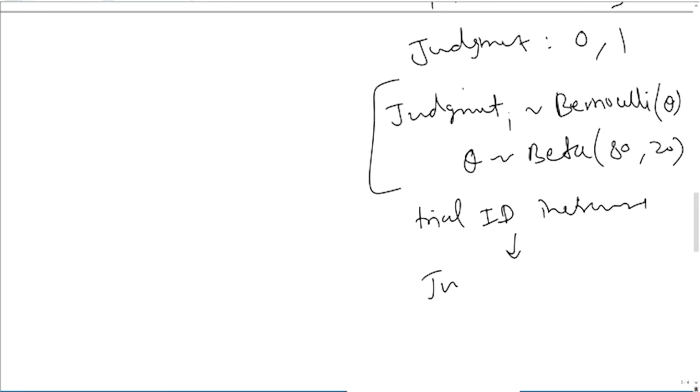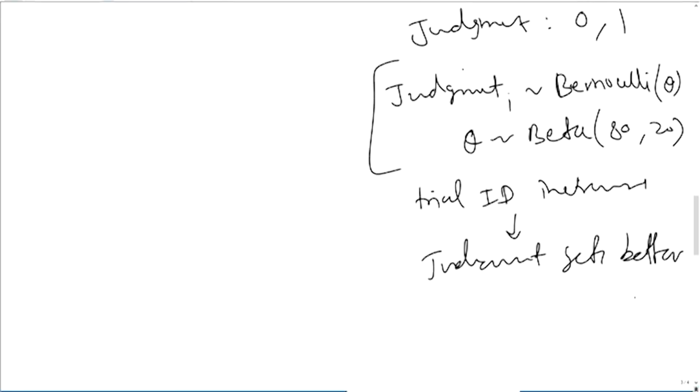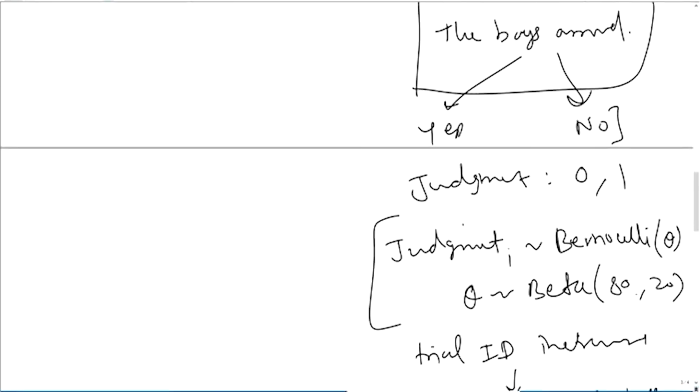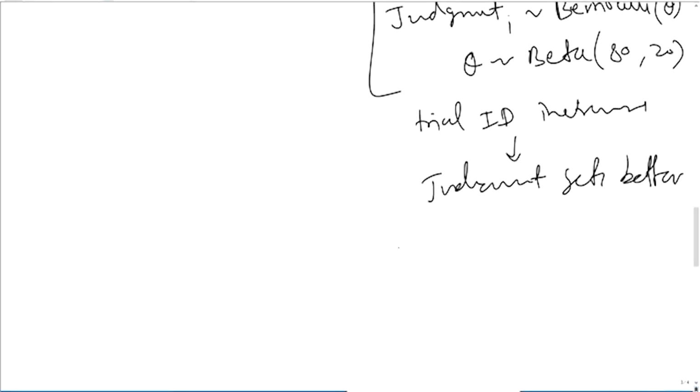So as trial ID increases, judgment gets better. How do we encode this assumption in the model? We'll try a similar thing as we did for the reaction times. So let us try to update the model. So judgment in the ith trial comes from Bernoulli theta i.